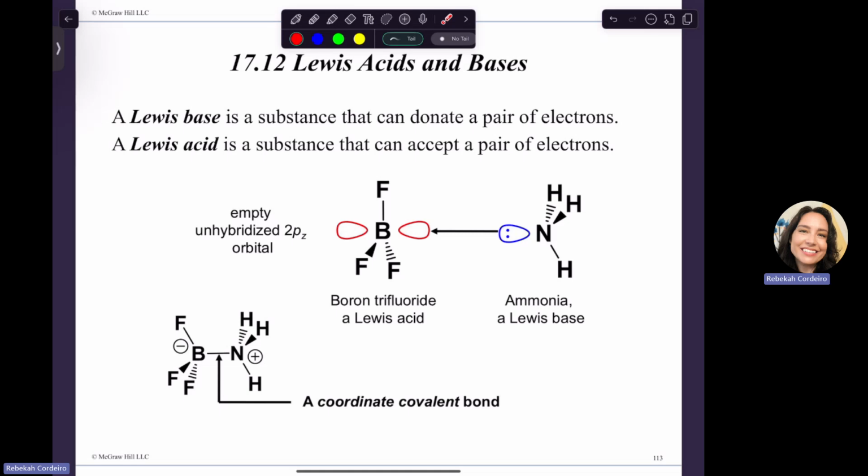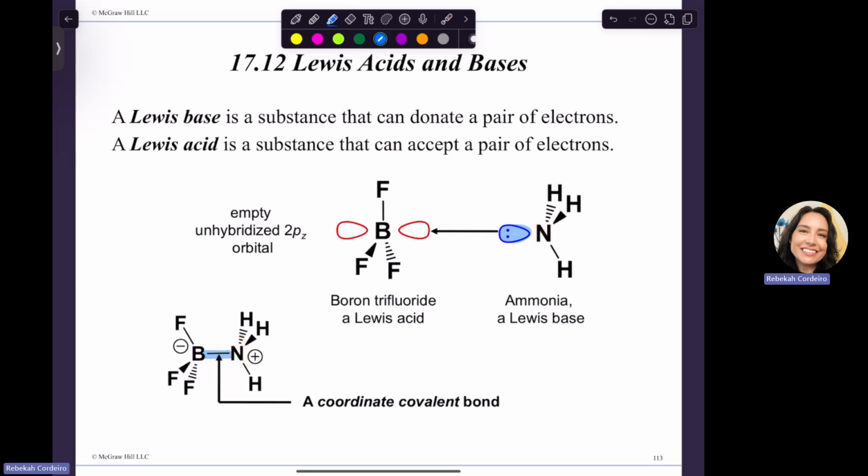And so if we see a bond forming, I'll try to color code this for you. So if we see these blue electrons are now this bond, do you see how the ammonia, the N, donated its lone pair? It doesn't have a lone pair anymore. It donated its lone pair to make this bond.